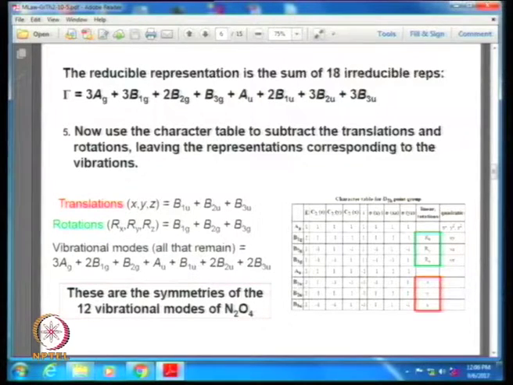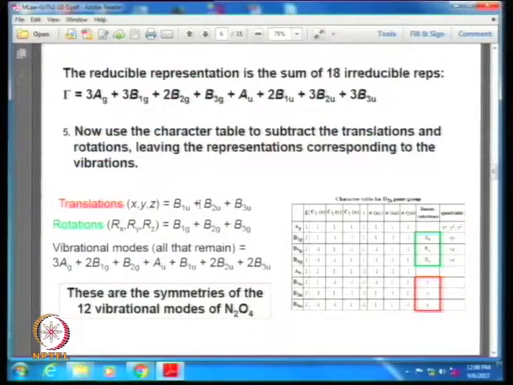So they are identified here, B1, B2, B3. This is the fate of X, Y, and Z. And then there are rotations about the x-axis, y-axis and z-axis, and these happen to be B1g, B2g, B3g. As you remember, g was symmetric, u was unsymmetric, and if you have two axes, then the signs of both cancel each other and remain symmetric. If you have only one axis, then you get a sign, so it remains unsymmetric.